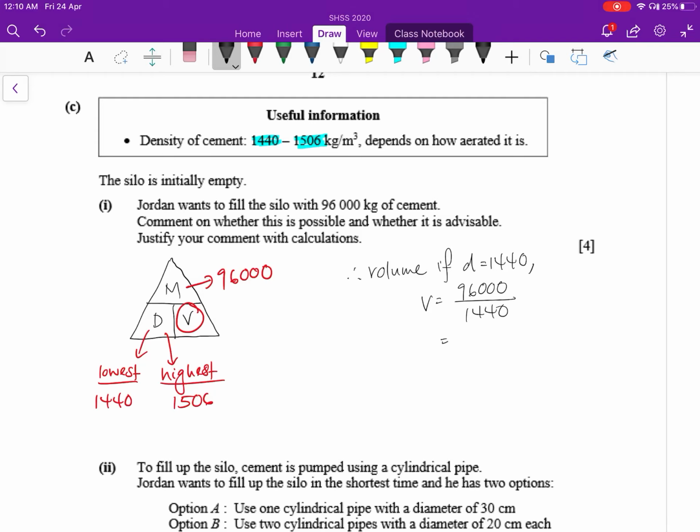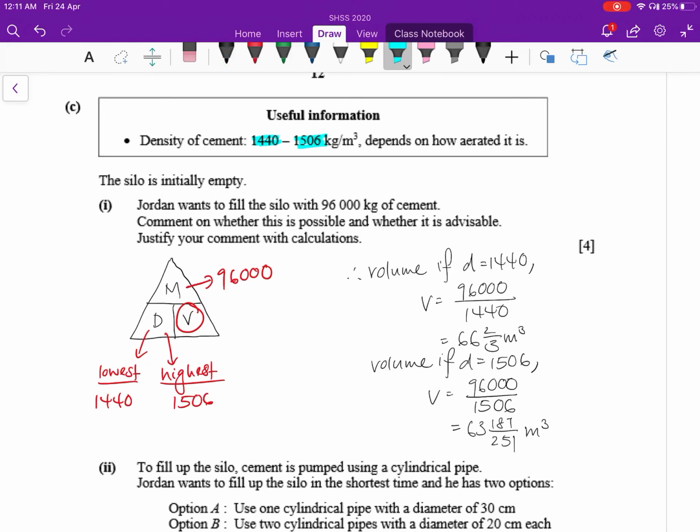The possible volume would be 66 2/3 meters cubed. Then if the density is 1506, see what happens to the volume. 96,000 divided by 1506 would give me 63,187 over 251 meters cubed.